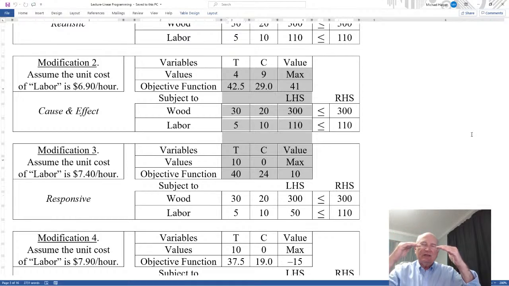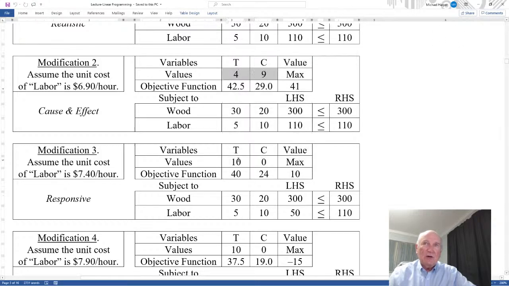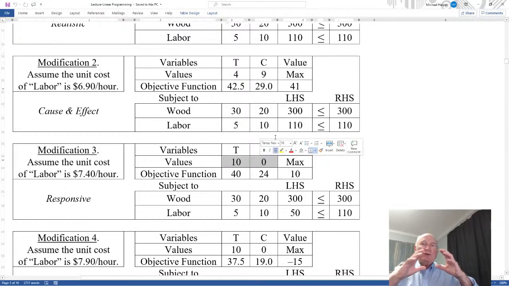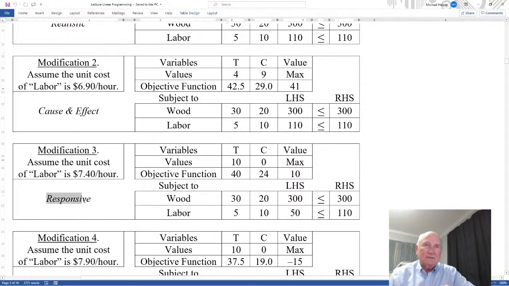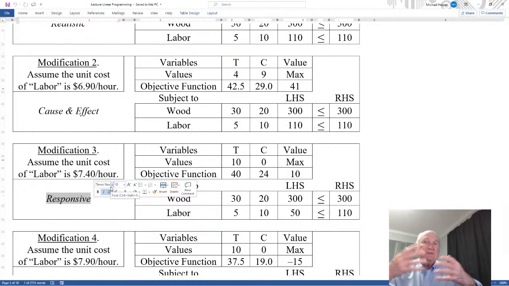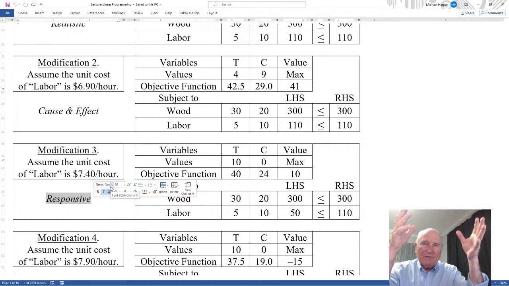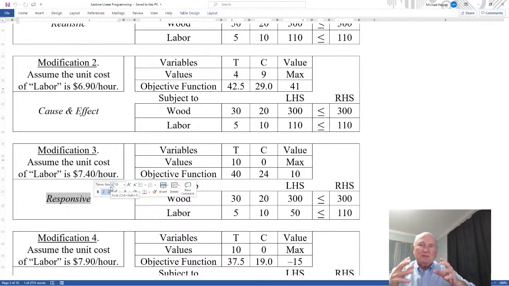Well, eventually, it's going to be negative unless you change your production mix, or you change your production plan, or you change how you produce things. And so this is being responsive to changes in the demand, being responsive to changes in your cost structure, in the cost of your resources, in your revenue. It's being responsive, and it's changing your operations to respond to those changes.